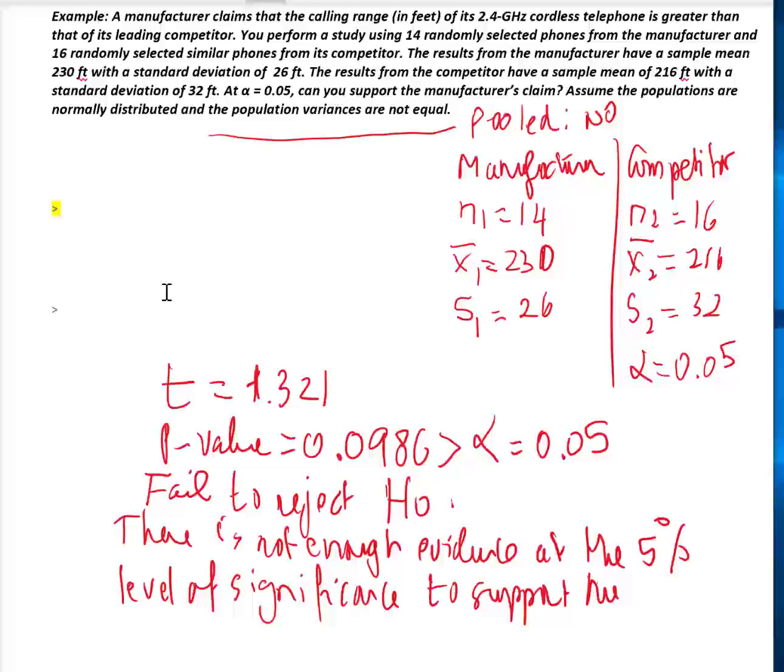We're not saying we're supporting the claim, we're saying we don't have enough evidence to support the claim. So probably the claim is false. And that concludes the review of the chapter using Statcrunch.